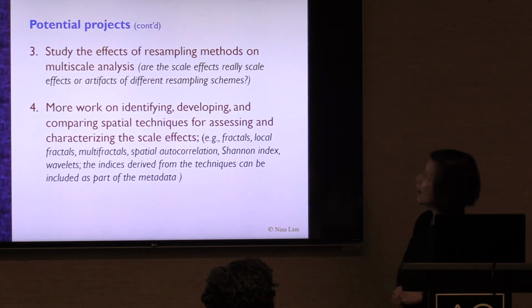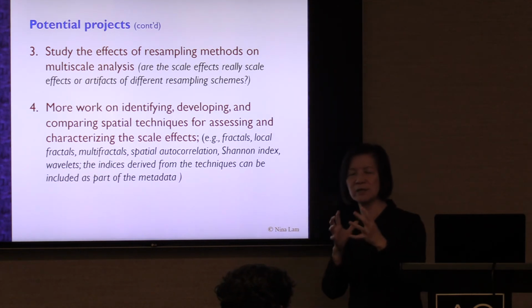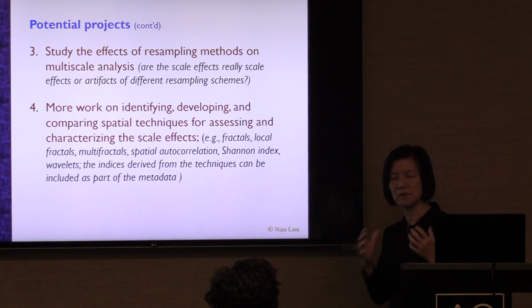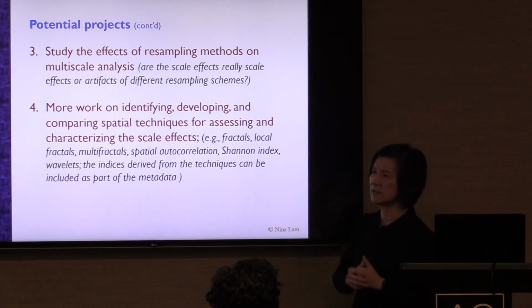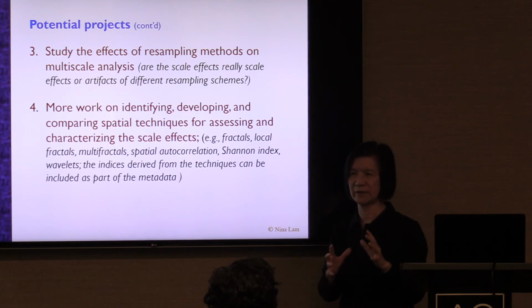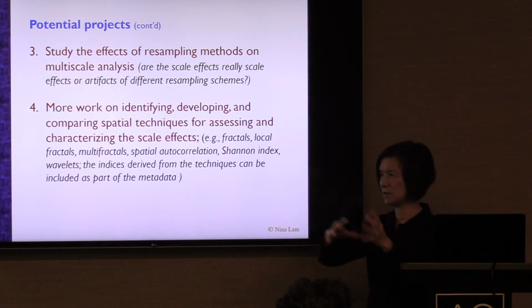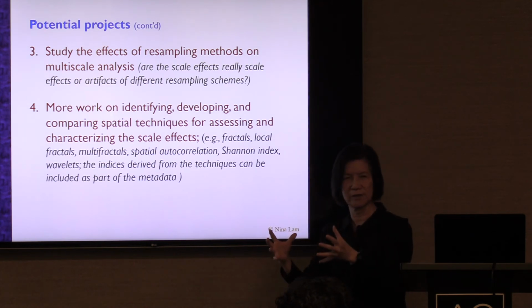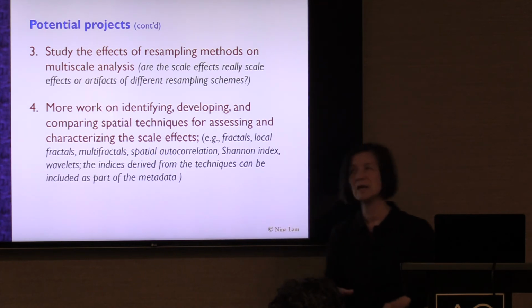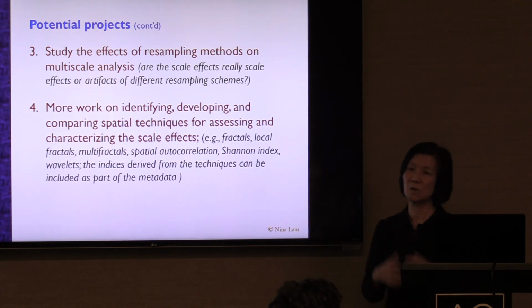The third one is also why I'm interested in asking people how they did the scale analysis. And obviously, we have to be very careful when we try to do a multi-scale analysis, as some studies just aggregate some cells into a larger cell and then do the analysis. The thing is, are the scale effects really scale effects, or the resampling method?